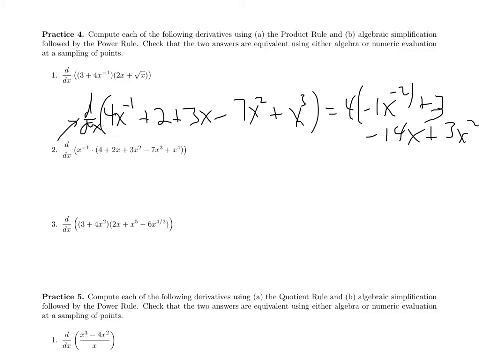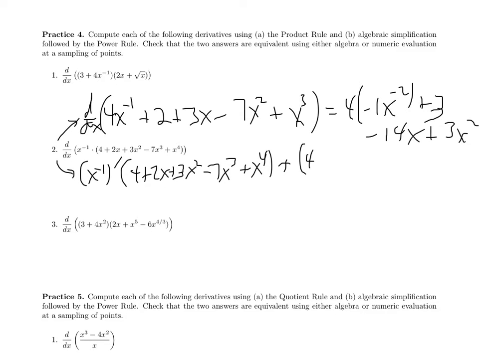The other option is to use the product rule, which says that I would do the derivative of the first thing times the second, and again I'm just writing down what the product rule says, I'm not actually doing it yet, and then add the derivative of the second thing times the first thing.